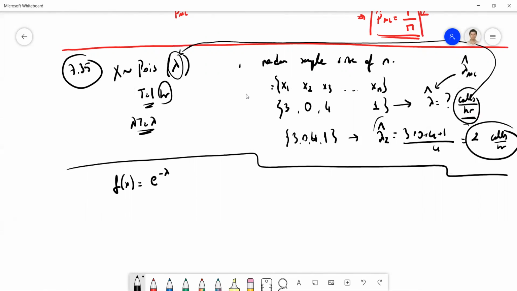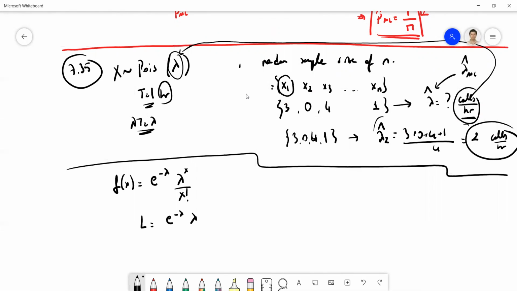It's going to be exponential minus lambda. Note that I got rid of t by taking it to be equal to 1. It's going to be lambda to the power x, over x factorial. So this is the number of calls in 1 hour. So L is going to be equal to the first one, those 3 calls: exponential minus lambda, which I do not know, and lambda to the power x1, which is 3.